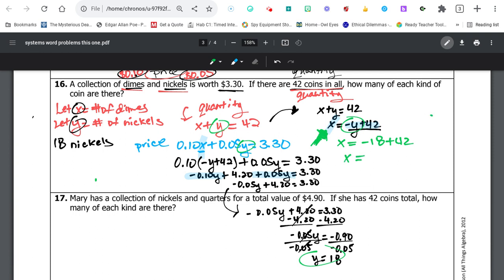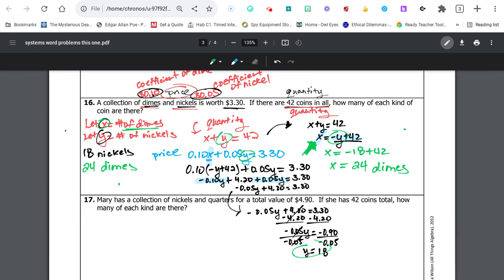So we got 42 minus 18, which is 24. And X is your number of dimes. So that's 24 dimes. 18 nickels and 24 dimes, guys.